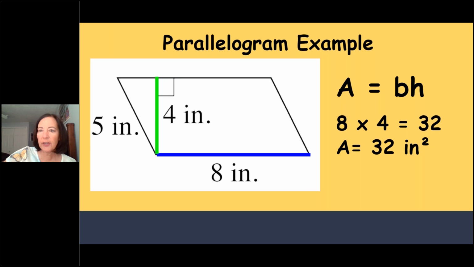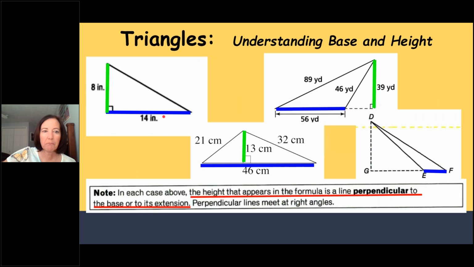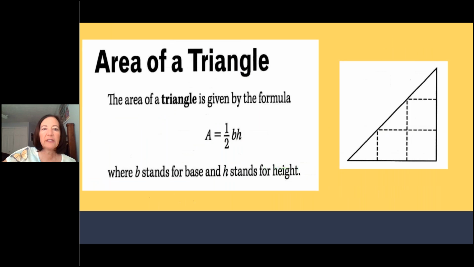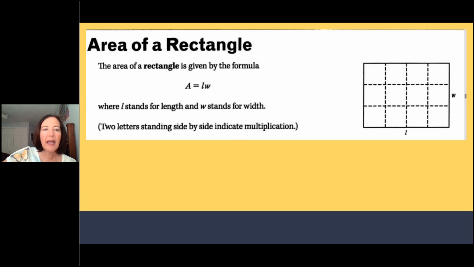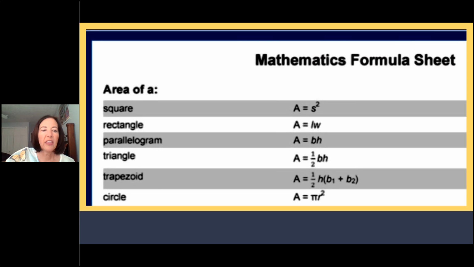And you want to know what? Chris is like me. Let me see how far back I have to go. Chris is like me. I hate that they wrote the rectangle formula as length times width.